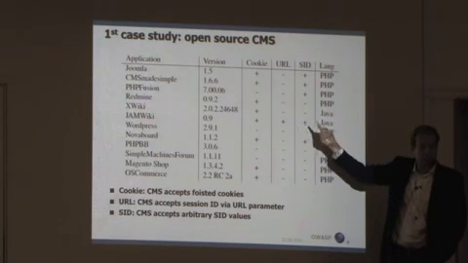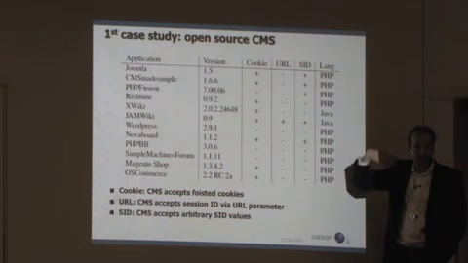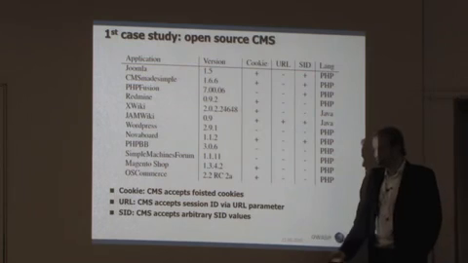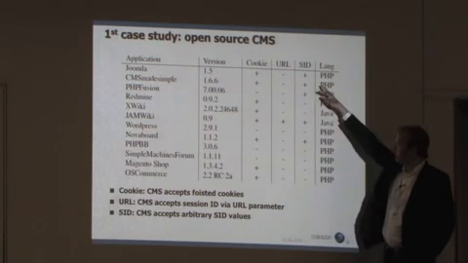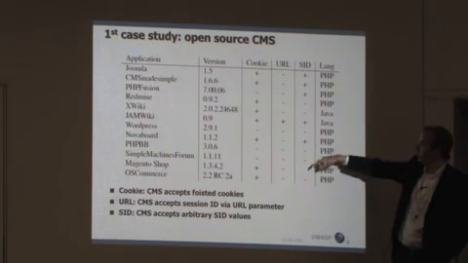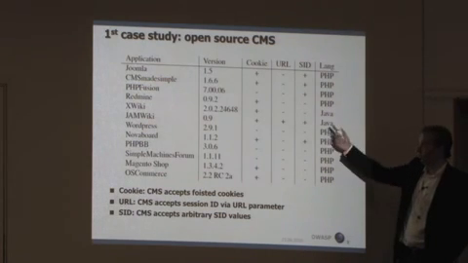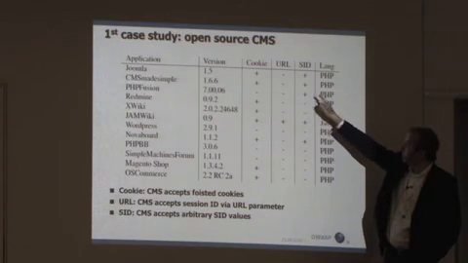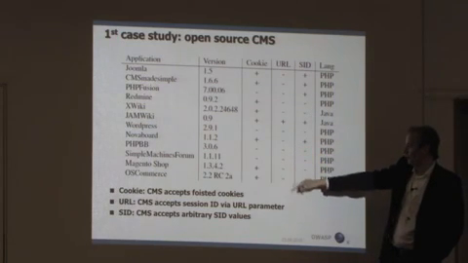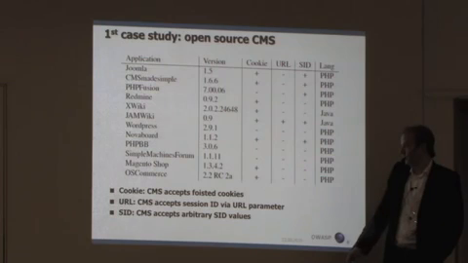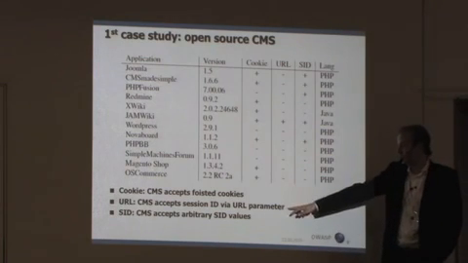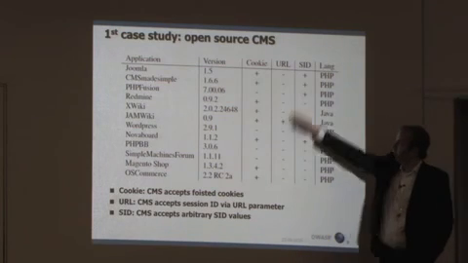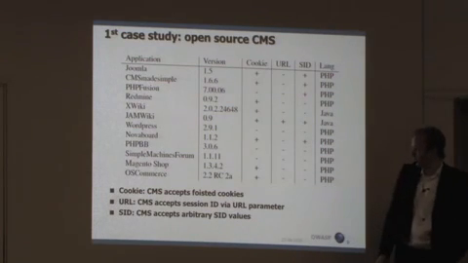Well, it generates one if you ask for it, but it accepts an arbitrary value as a session ID. So this doesn't look like something which is a good thing to do, and it is not. And most of the systems did not accept URL-based parameters, but you have to do this with cookies.